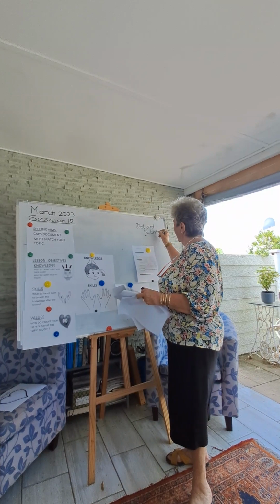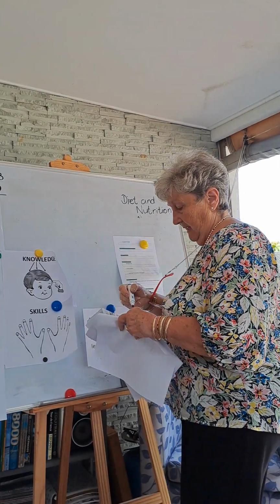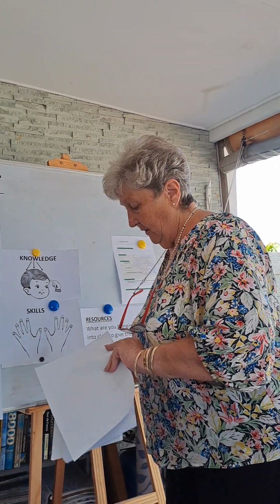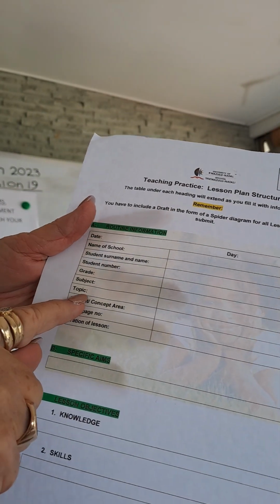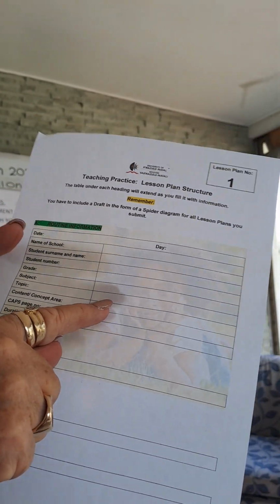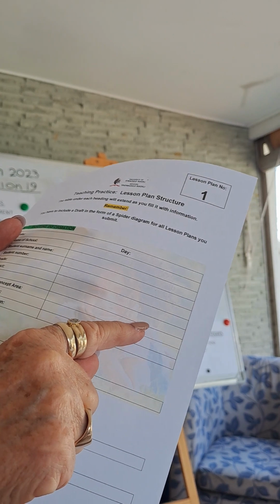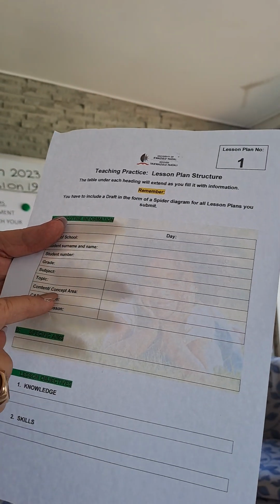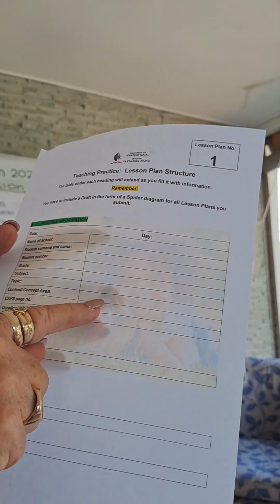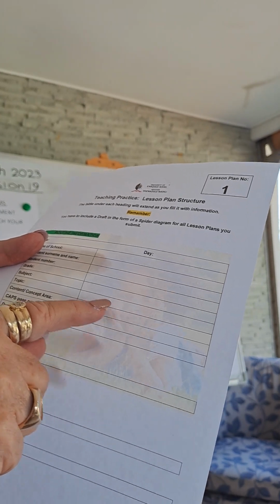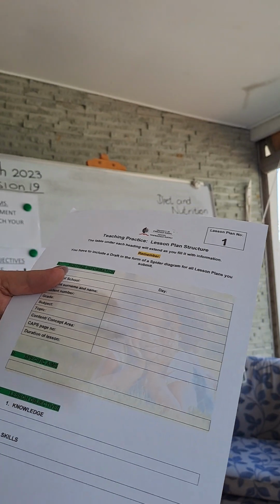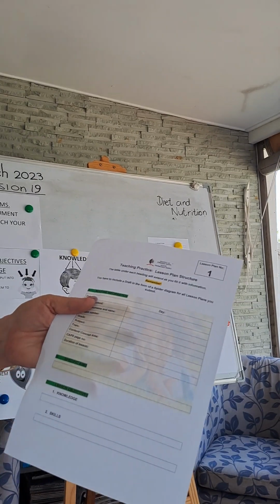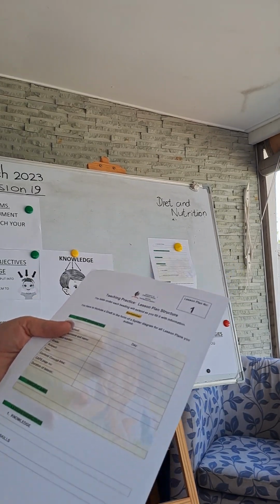So, I will fill in on my form where it says topic. I will fill in development of self in society, and in content area I will fill in diet and nutrition. I will fill the page in, and then of course we go to how long the lesson will be.